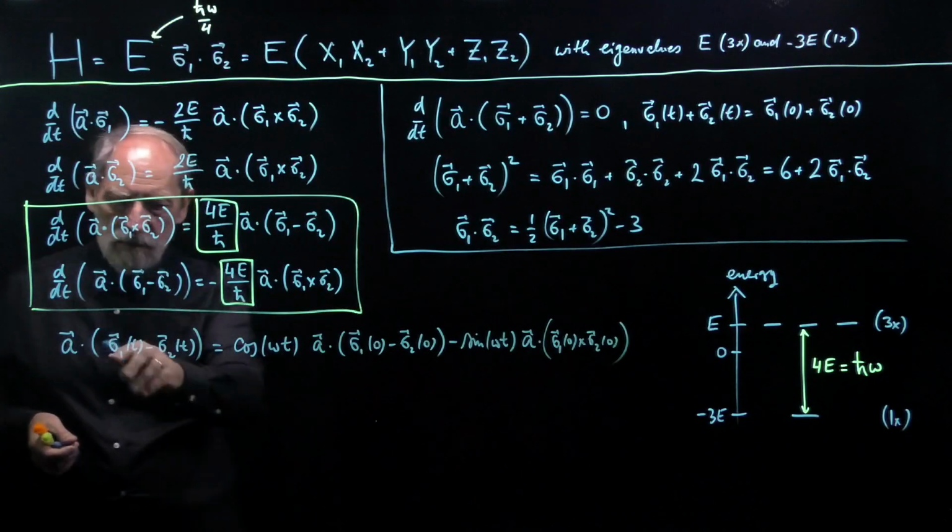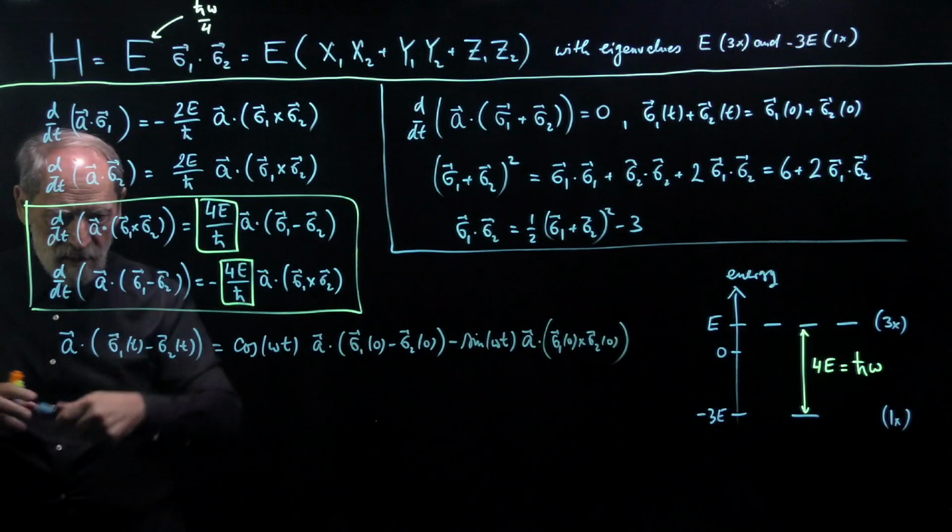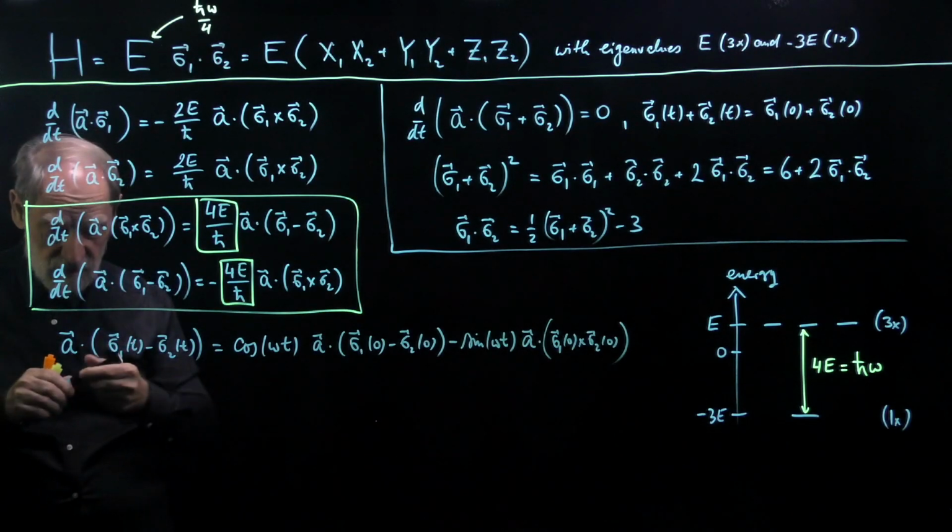Now this refers to a particular component, but it's the same component everywhere, and A is arbitrary, so this has to be true for the vectors themselves.